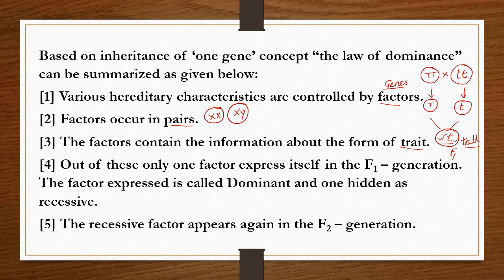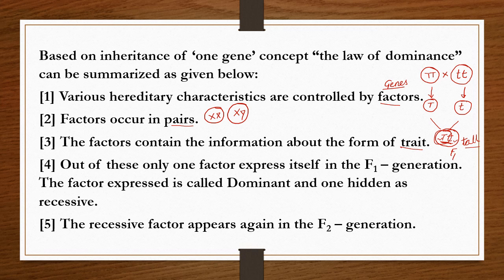That is explained in point number 4. Out of this pair of factors, only one factor, capital T, is expressed in the F1 generation as the character tallness, but one is hidden.